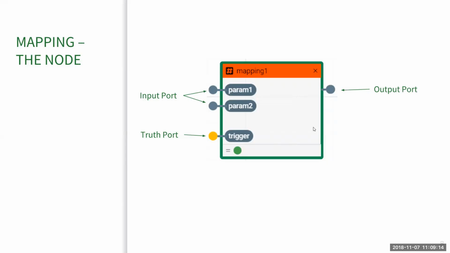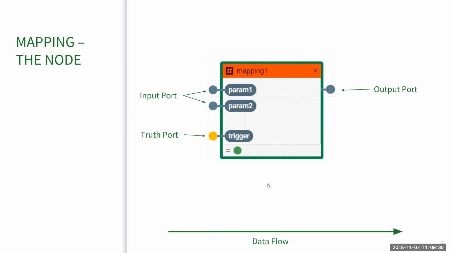The number of these input ports isn't fixed, so you could have one of them or you could have 10. That's your decision depending on the problem you need to solve. You just add them as you need them, and they will always get a name like param1 and param2. You can also rename them.